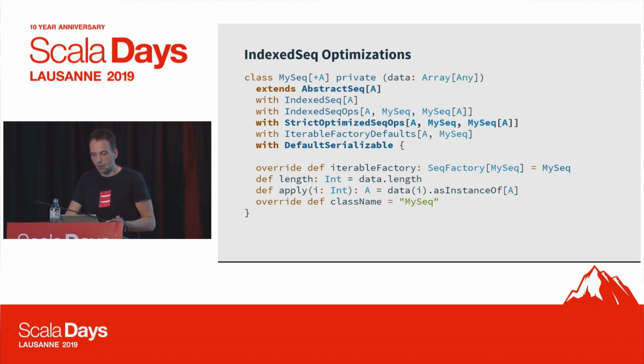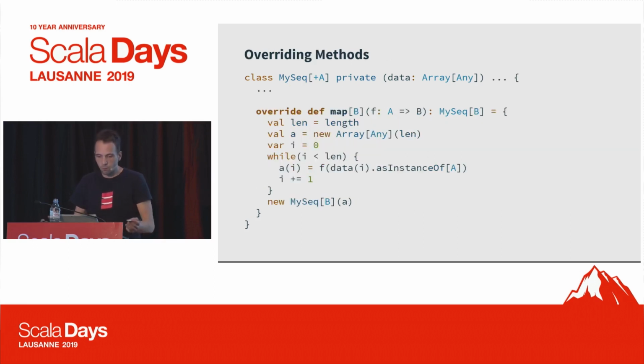And the only thing left to do now is to optimize based on the actual collection implementation. So usually you want to override some methods to make them more efficient for the data structure you implement. So, for example, map. Previously in 2.12 there would have been some CanBuildFrom shenanigans, and you need to get a builder and have some special cases in there.